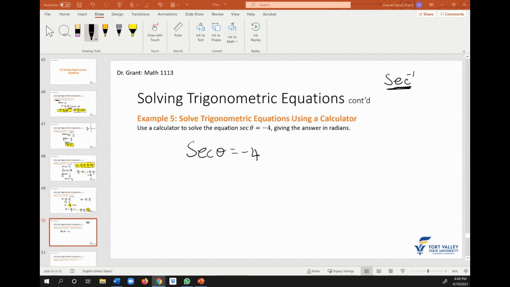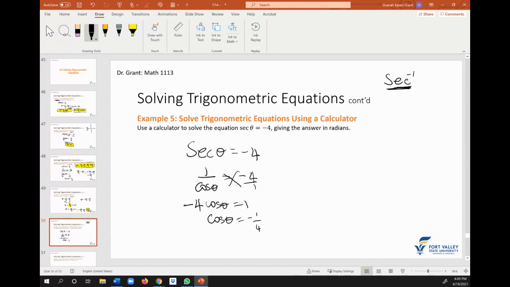But if the inverse is not there, you can utilize the fact that secant of theta is the same thing as 1 over cosine theta, right? So basically we're saying that 1 over cosine theta is equal to -4. Of course, we can do cross multiplication again. So we have that -4 cosine theta is equal to 1. So that means cosine theta is -1/4.